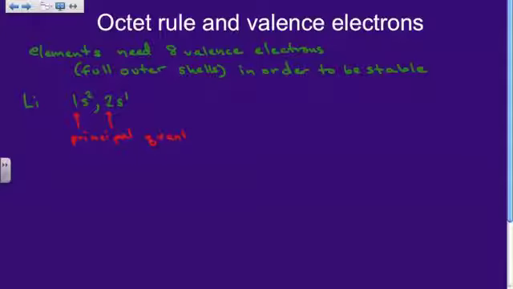In this case, the biggest principal quantum number is 2. So that means there is only one electron in that principal energy level. So lithium has 1 valence electron.